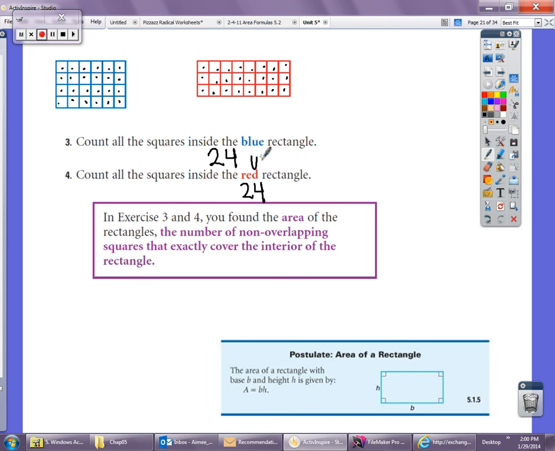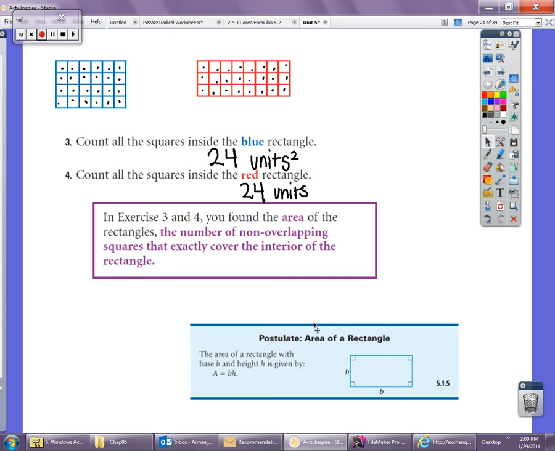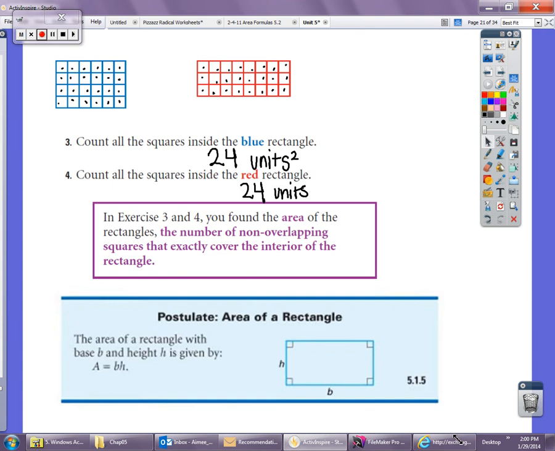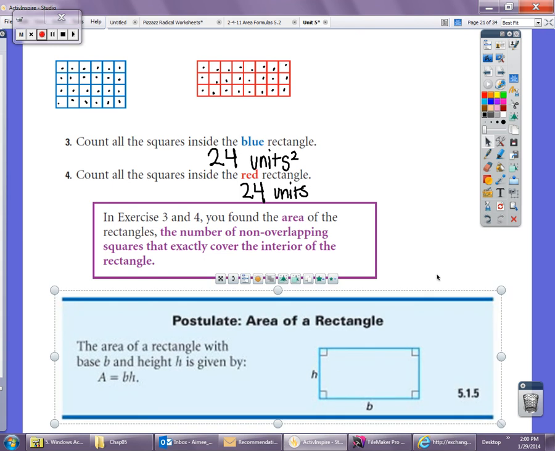Now, I always want to represent area in terms of units squared. The reason I do that is because I am also multiplying the units when I do my multiplication. In order to find the area of a figure, I want to multiply the base times the height.